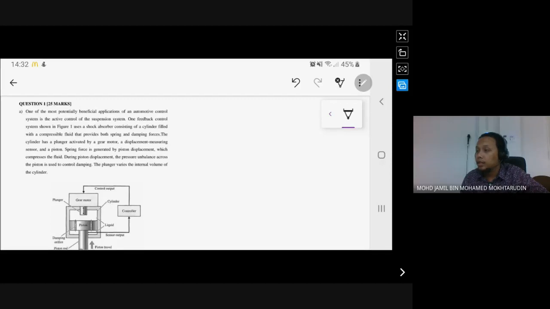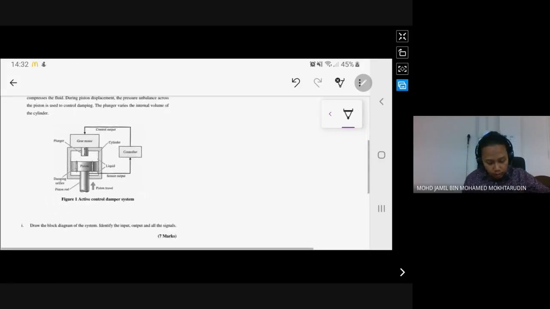The cylinder has a plunger activated by a gear motor, a displacement measuring sensor, and a piston. Spring force is generated by piston displacement, which compresses the fluid. During piston displacement, the pressure unbalance across the piston is used to control damping. The plunger varies the internal volume of the cylinder.